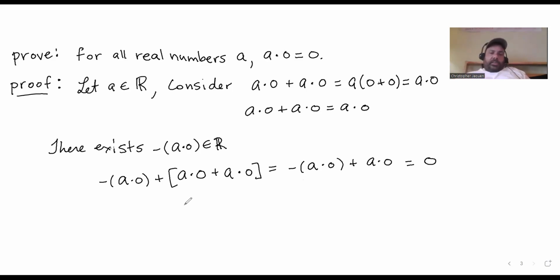And I can reassociate on the left-hand side. So this is by additive inverse. I forget what number it was in the list, but then I can reassociate here, so I can take the parentheses and move them.